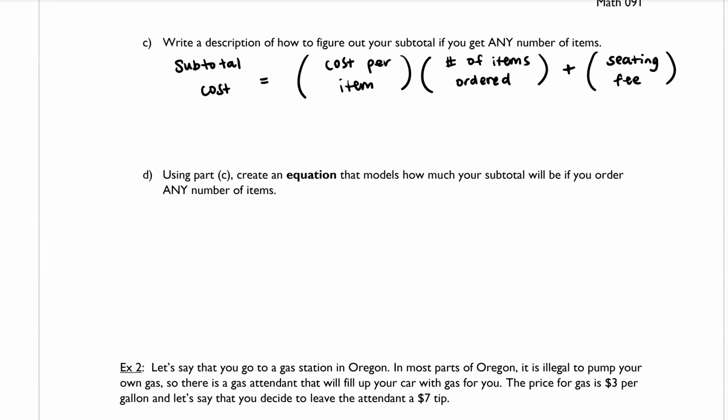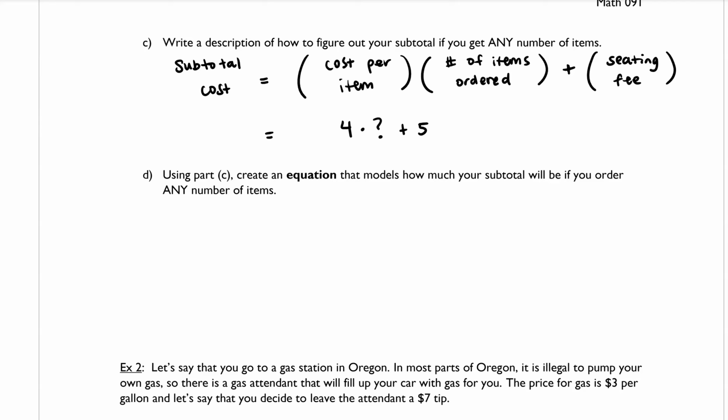Okay, so another way of writing that is we could say the subtotal cost is equal to $4 times however many items we order. I'm just going to put a question mark for that because we don't know. And then we have to add $5 for our seating fee.